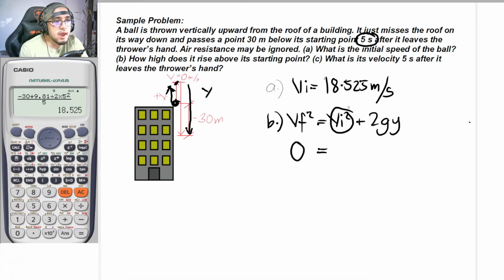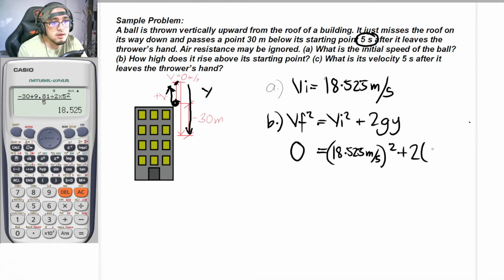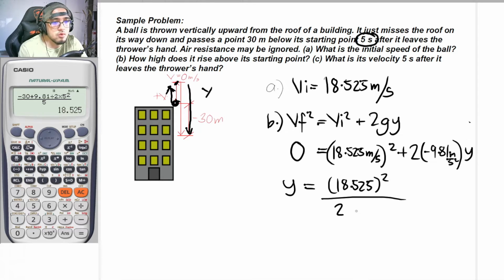For your VI, we have already solved for that earlier. That is 18.525 meters per second squared plus 2 times, what is your gravity? This is now negative 9.81 meters per second squared times, of course, y. And y is the one unknown here. So y is now equal to 18.525 squared divided by 2 times negative 9.81.